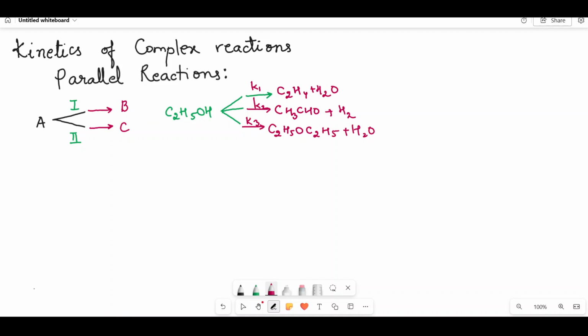So, under different conditions, ethyl alcohol forms different products.